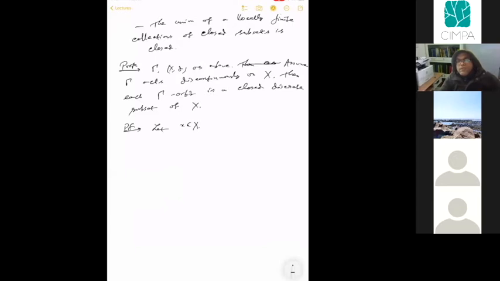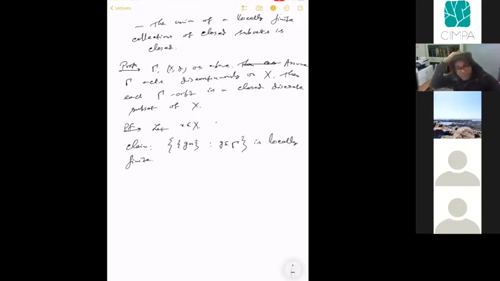The claim is that the collection of {gx : g in Γ} is locally finite. So the one-point subsets from the orbit are locally finite.